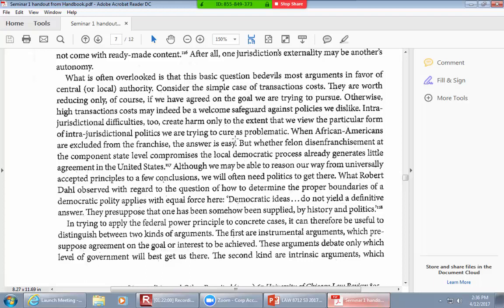There's more in relation to transaction costs, which is also something related to externalities. This is not really a separate argument. Just think of it as fleshing out more what happens when you have externalities.